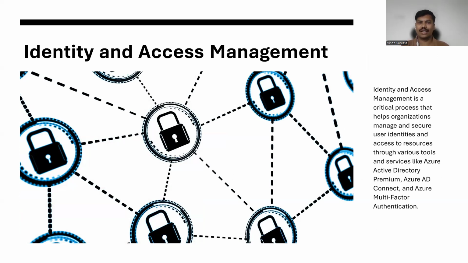So first is identity and access management. All right. So it's a critical service or process, we can say, and it helps organizations to manage as well as secure identities across the organization, which includes the users, groups, applications, right? And devices. Even a device is also considered an identity for each individual account or each individual application, right?